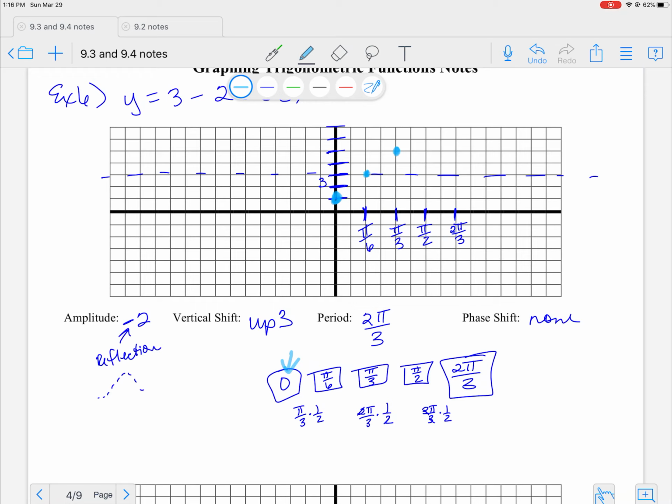And then at pi over 6 is where I then cross that axis, right? Pi over 3 is when I max out. Pi over 2 is when I cross that shifted up axis again. And then I'm at 2 pi over 3. So my graph is going to look like that. Now I know this goes on and I know this goes on, right?